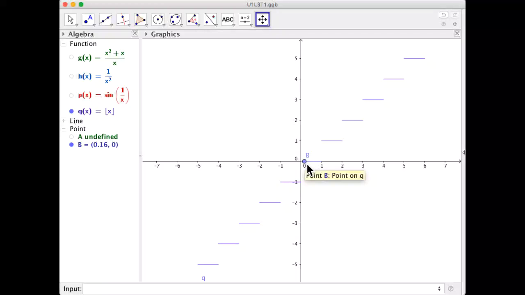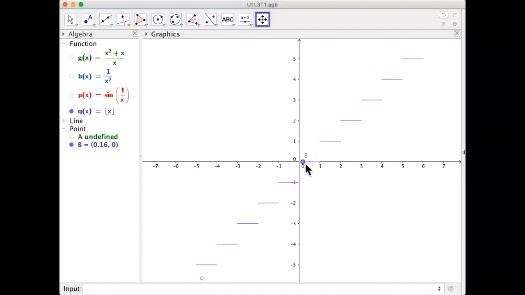So we have this point B. And as you can see again over here on the left-hand side, it starts out at 0, 0, and the greatest integer function says that the graph will stay 0, see the y value stays 0, until we hit another integer.